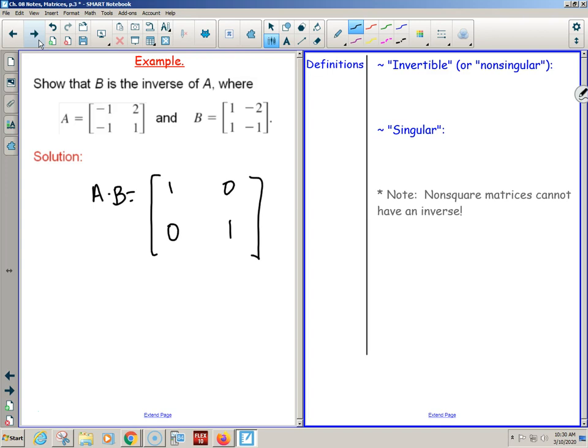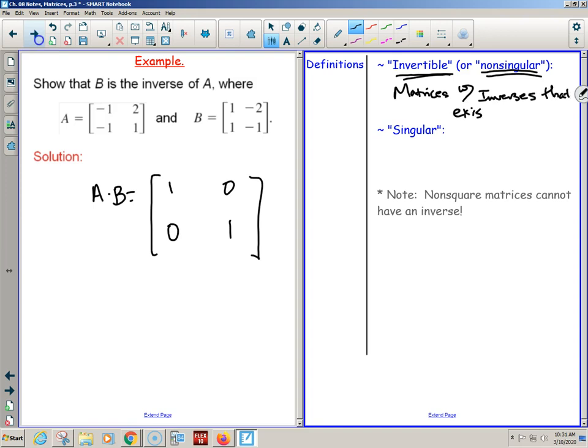Okay, definitions: invertible or non-singular. Invertible, we should recognize this one because that was something about one-to-one functions way back when, passing the horizontal line test like last semester at the beginning when we were dealing with functions. But I need you to realize that invertible and non-singular go together, and they both describe matrices with inverses that exist.